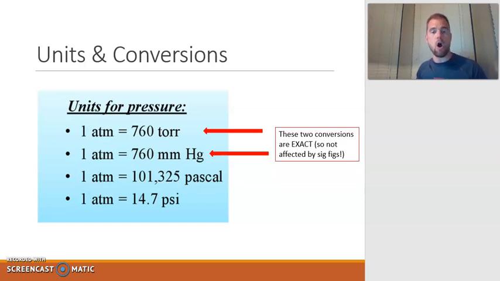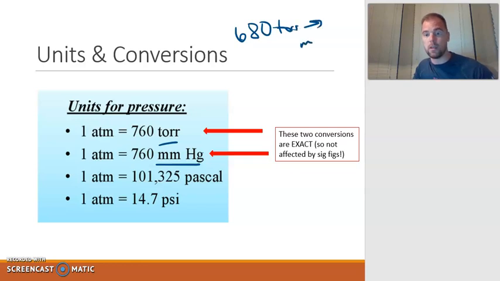And just FYI, all of these conversions are on the back of your periodic table, so you can take a look at those. First of all, torr and millimeters of mercury have the exact same conversion. For every 1 atmosphere, it's equal to 760. I want to point out a couple of things. Number one, notice they are the same thing. So if I asked you to convert 680 torr to millimeters of mercury, it's literally the same thing.